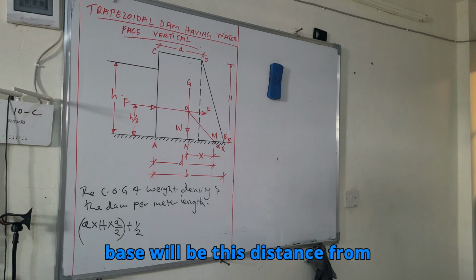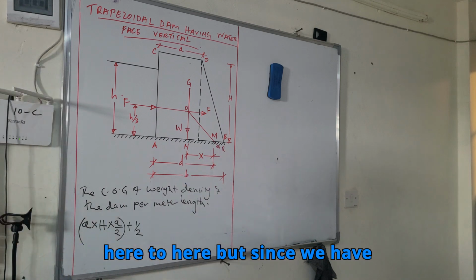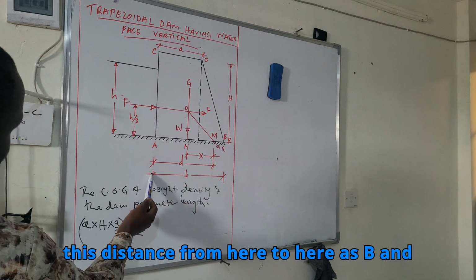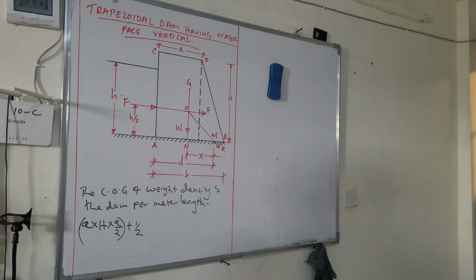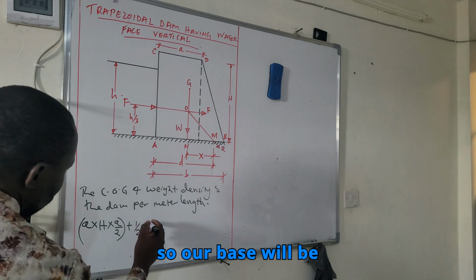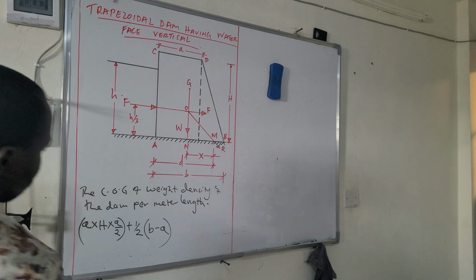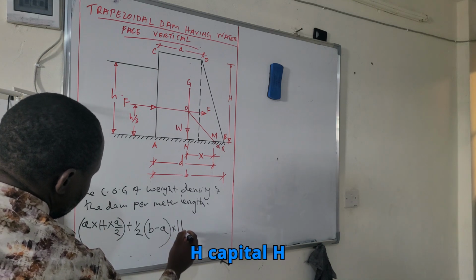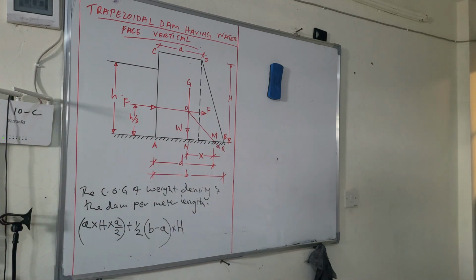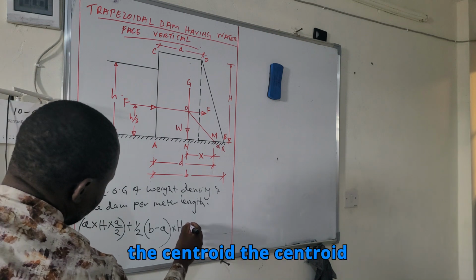So the base will be this distance from here to here. But since we have this distance from here to here as B and also from here to here as A, our base will be B minus A, then times H, capital H. By doing so, we have calculated our area. Then times the centroid.